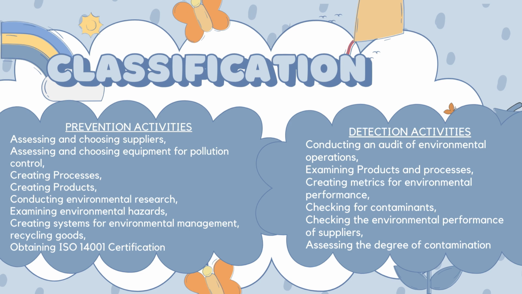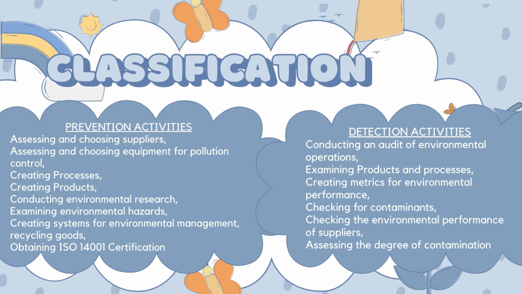Then, evaluating and selecting pollution control equipment. We must have maintenance to be able to control the level of pollution in the company, and it must be selected and evaluated carefully so that we don't just buy it and find that the equipment does not function as expected.